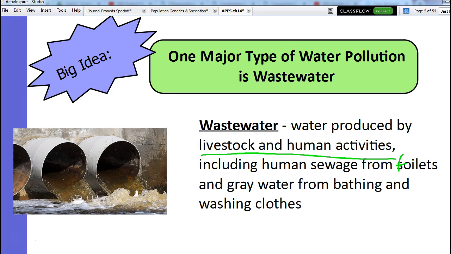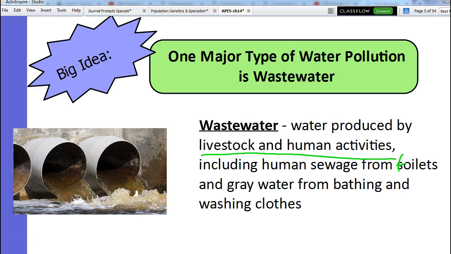Thank you. So we're not exactly talking about like industrial waste. We're talking more about human activities. We're talking wastewater treatment facilities, livestock, that kind of stuff. We'll get into heavy metals and toxins later. In terms of wastewater, it's generally just talking about general human activities, not including manufacturing and industrial waste.